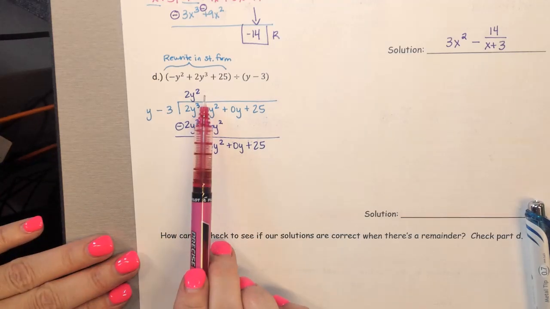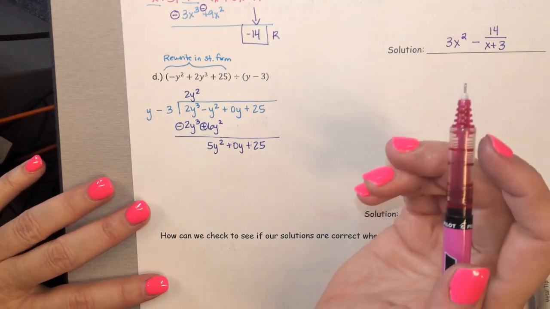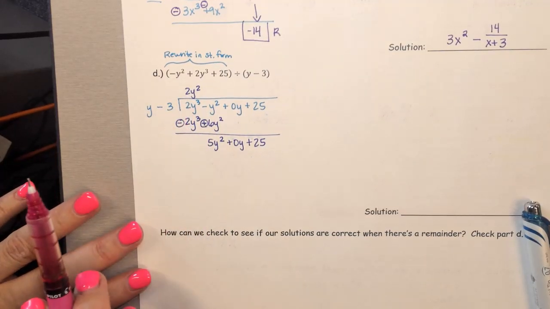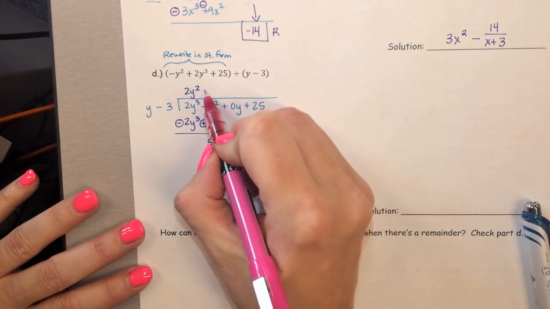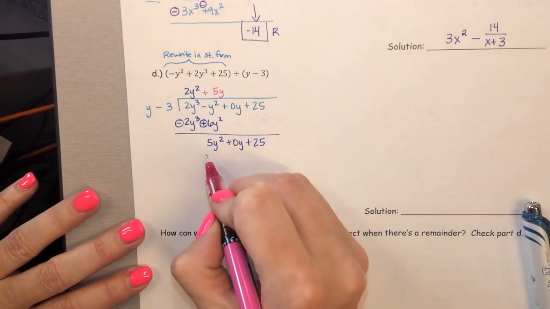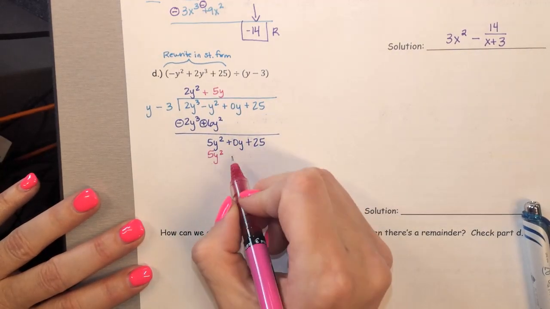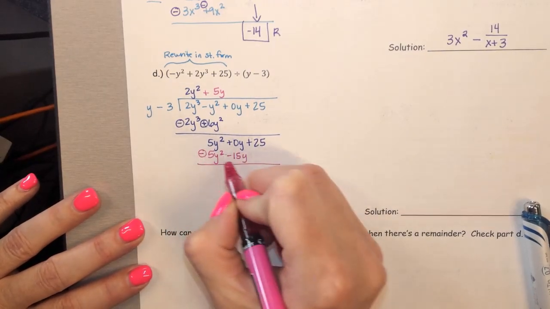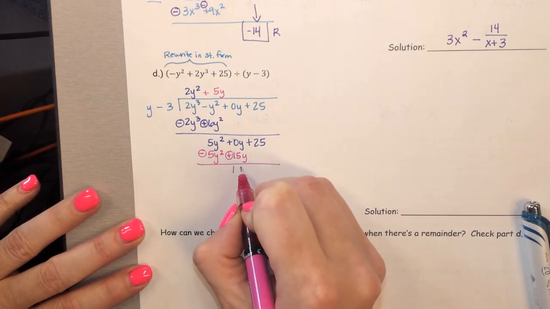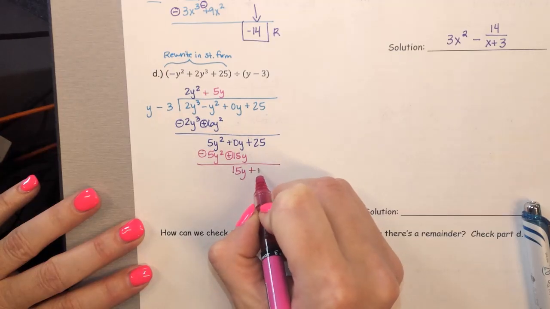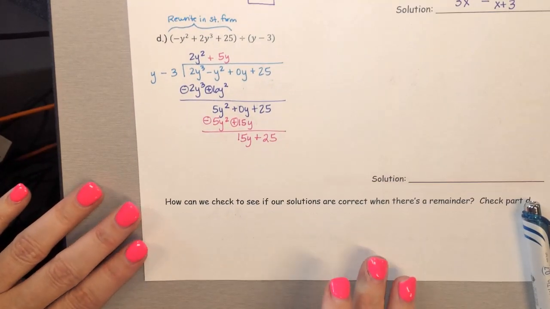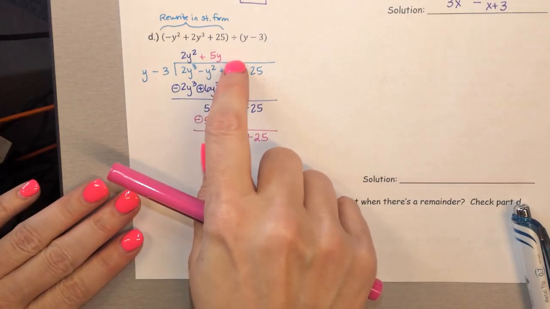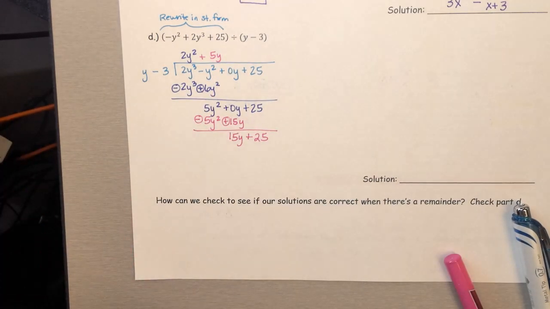Okay, and then Nihal, what did you get for the second one? So what was the second value you got at the top? Plus 5y, great. So that's going to be 5y squared minus 15y. And then again, we change the sign, we change the sign. So this becomes a positive 15y. Okay, so Caleb, what's the last value I'm going to put here?